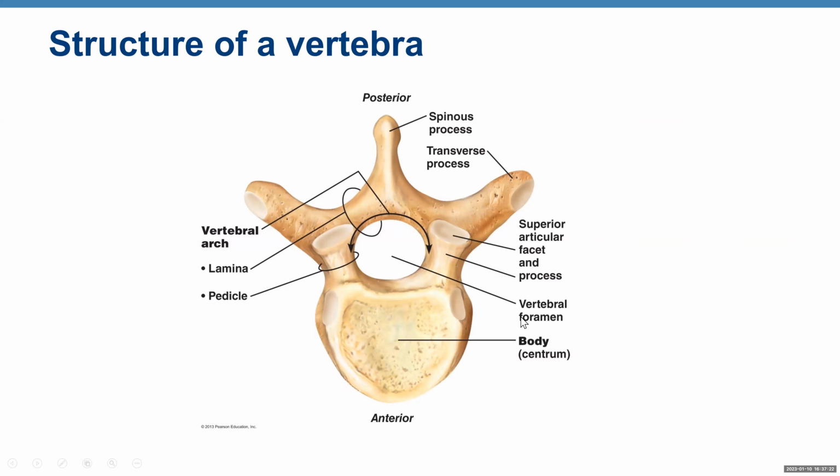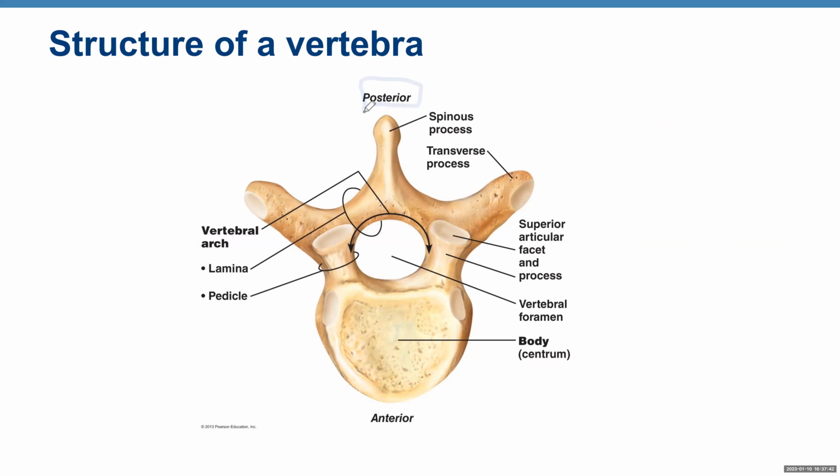Now, the structure of a vertebra. You can see here that we have the body of the vertebra. We have the vertebral foramen, inside which you would find the spinal cord, and we have several processes. There's a spinous process, the posterior part.